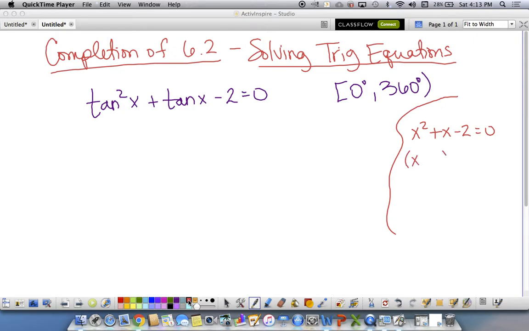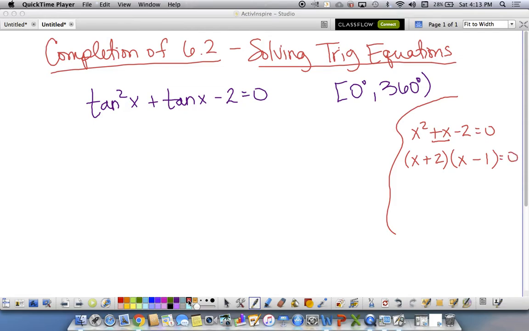So this would factor into x times x is x squared, 2 times 1 is 2. One of these needs to be positive, one of them needs to be negative. My bigger number has to be positive because I need to end with a positive 1x in the middle. So this is how I would factor x squared plus x minus 2 equals 0.